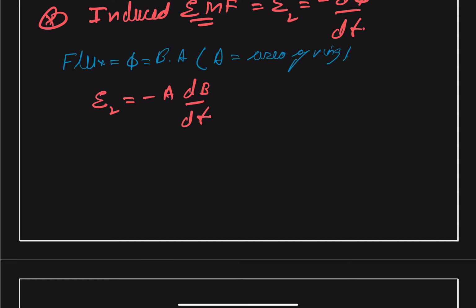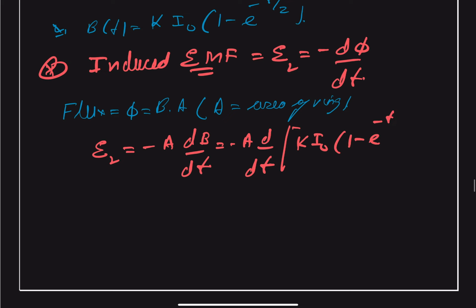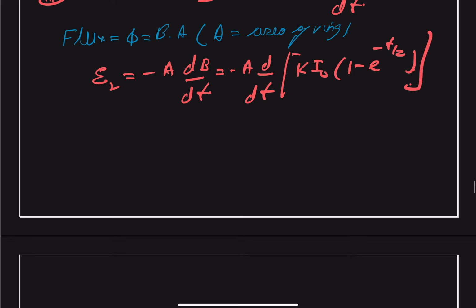Now here we can substitute the value of B, and this comes as minus A d/dt of K I naught times 1 minus e raised to minus t upon tau, where K I naught is nothing but a constant factor.